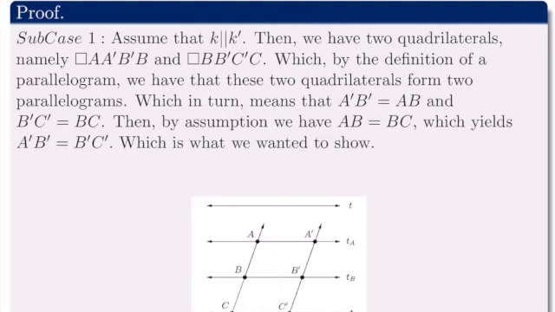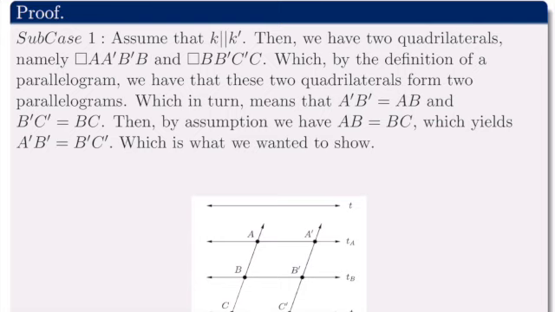So we're first going to assume that K is parallel to K prime. Then again, we have two quadrilaterals, namely A prime B prime B, and then the second one would be B prime C, which, by the definition of a parallelogram, these two quadrilaterals would in fact be parallelograms.